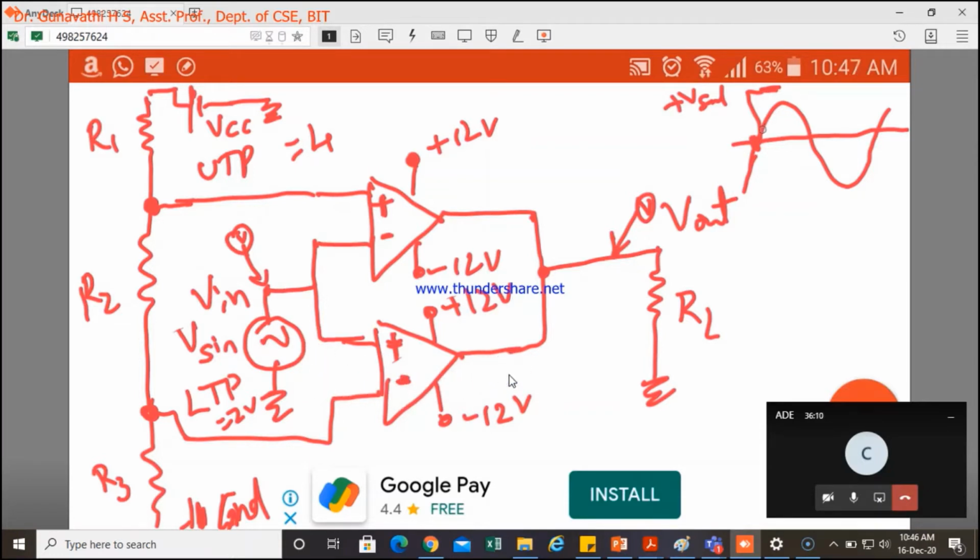So is it possible the output is plus Vsat and minus Vsat? It gets cancelled, right? Here we have plus Vsat, here we have minus Vsat. So this comparator is not at all operating when the input voltage is lower than the upper threshold voltage and greater than the lower threshold voltage. So it is off here.